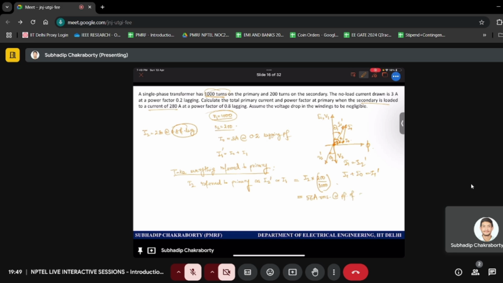I0 is nothing but 3 ampere RMS at 0.2 power factor lag, and the sum of these two, I1 plus I0, the phasor sum, will give you I1 dash or net. So how can we write that? It is 56 at an angle of minus cos inverse 0.8, plus 3 at an angle of minus cos inverse 0.2.